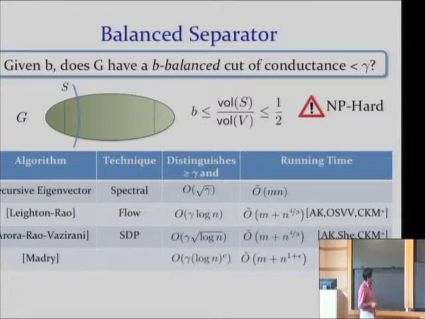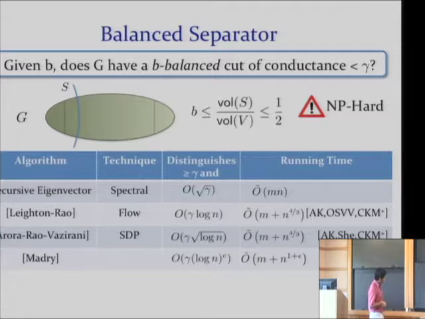Leighton-Rao obtained a log n approximation, ARV obtained a root log n approximation. The issue with implementing these algorithms is that they really need flows, and as I mentioned before, we don't know how to do flow in near linear time. The fastest we know is n to the 4/3.